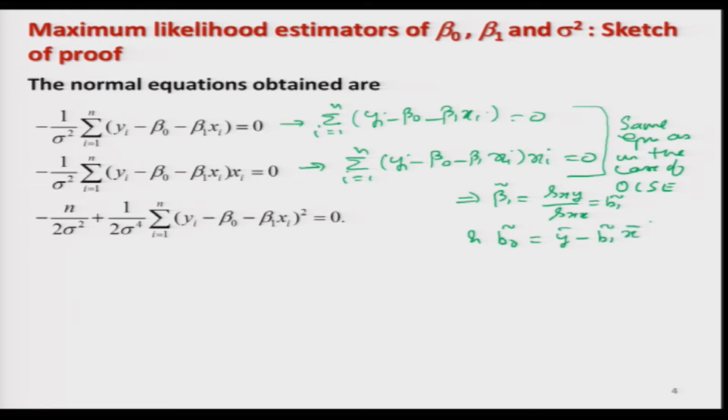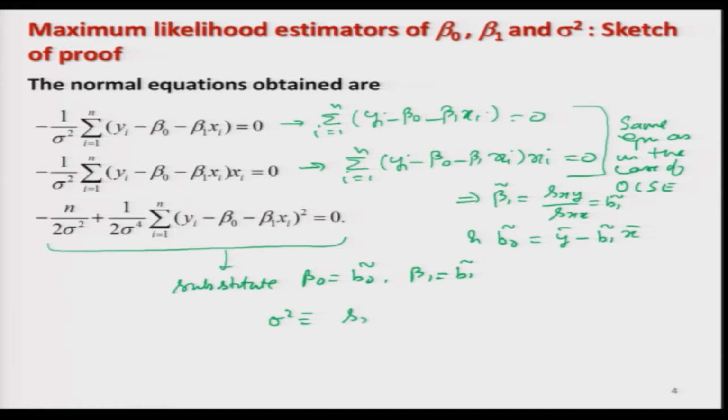Now, if you substitute beta 0 equal to b0 tilde and beta 1 equal to b1 tilde in the remaining equation and solve, you will get the value of sigma square, that will be your estimate, denoted as sigma square tilde. It will be 1 upon n summation i goes from 1 to n of (y_i minus b0 tilde minus b1 tilde x_i) whole square.